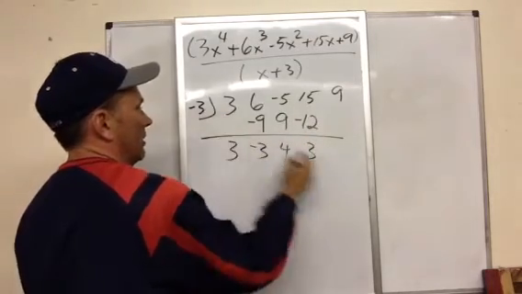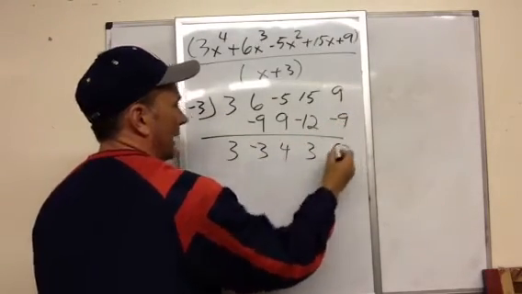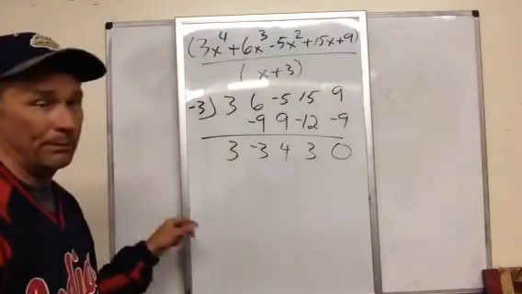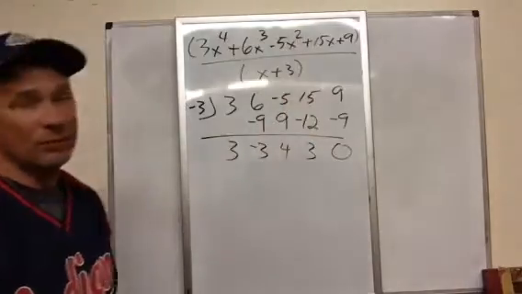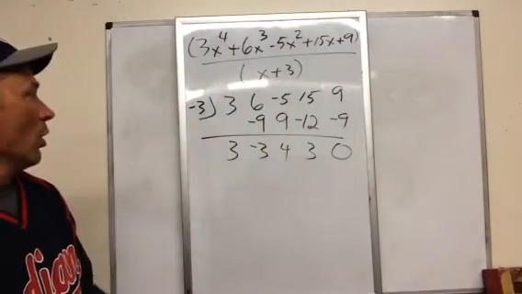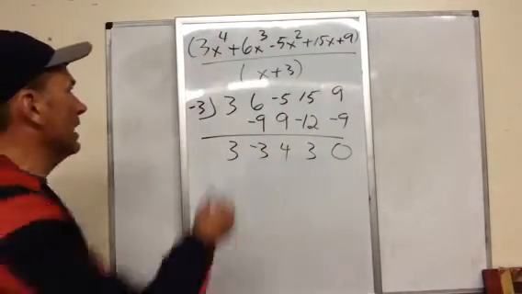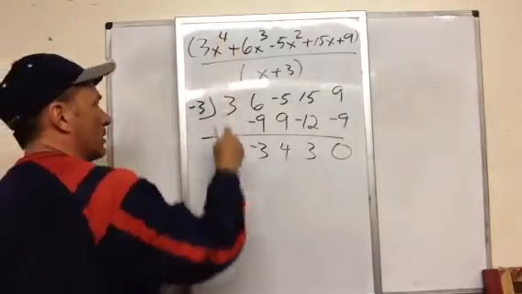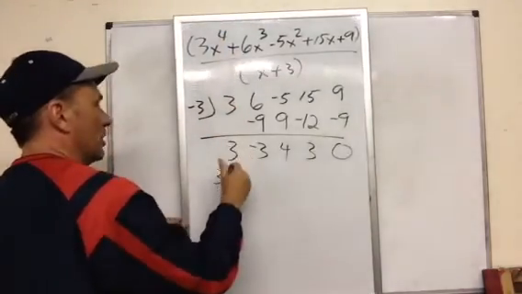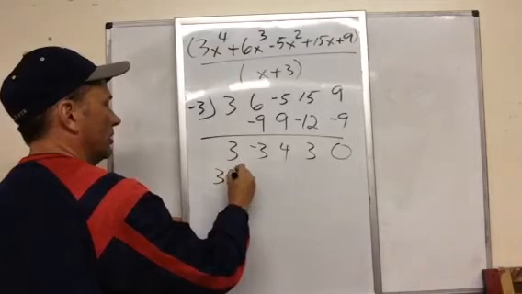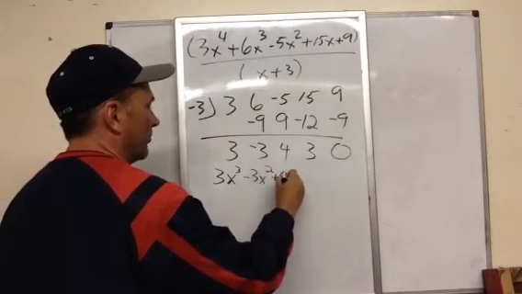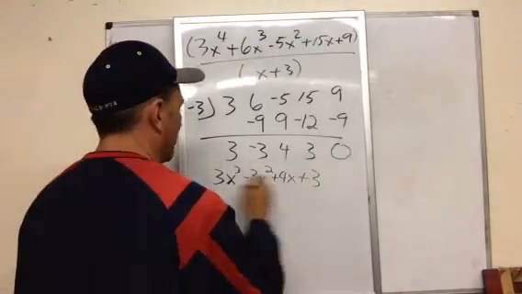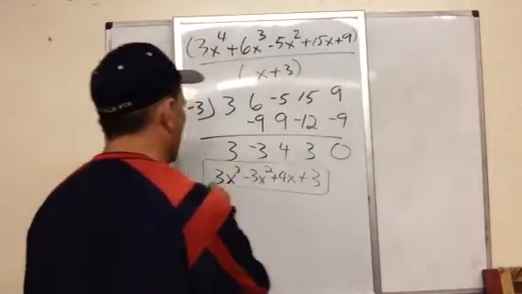Add down, multiply, and again, our remainder is 0. So again, x plus 3 would be a factor of this bigger polynomial. What's left here, because this was x to the fourth, this becomes x to the third minus 3x squared plus 4x plus 3. And that would be our final answer.